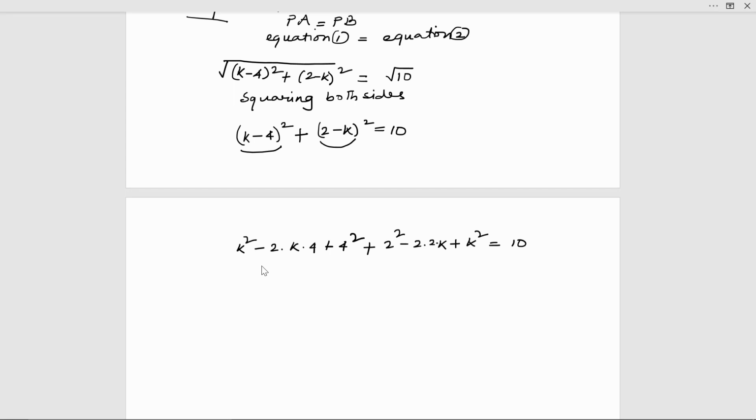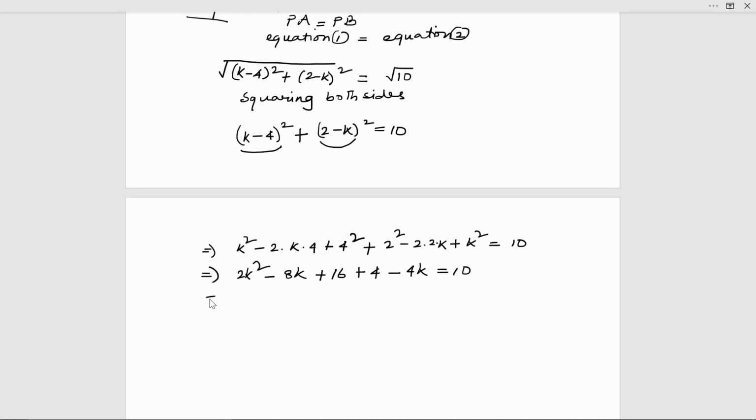So k square and k square is 2k square, minus 8k, plus 16, plus 4, and again minus 4k equal to 10.